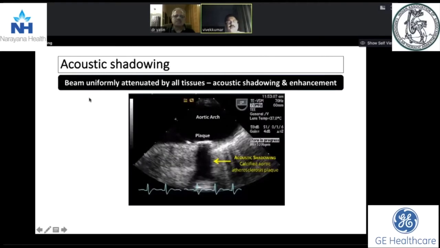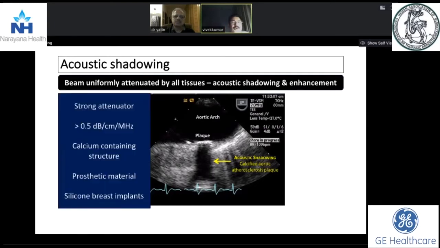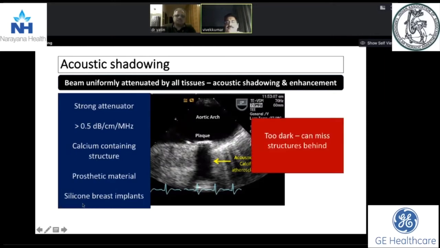Now we come to acoustic shadowing. We are all familiar with it. The principle violated is that the beam is uniformly attenuated by all tissues. Every tissue is different. There are strong attenuators, which attenuate at more than 0.5 decibels per centimeter per megahertz, especially those with a lot of calcium, prosthetic material, and things like silicone breast implants.